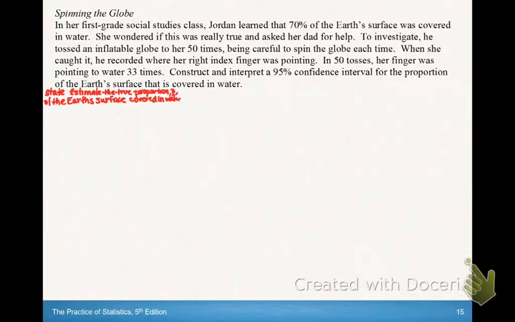So we stated what we wanted to do. Next, we're going to plan our course of action. What are we going to do to try to figure this out?